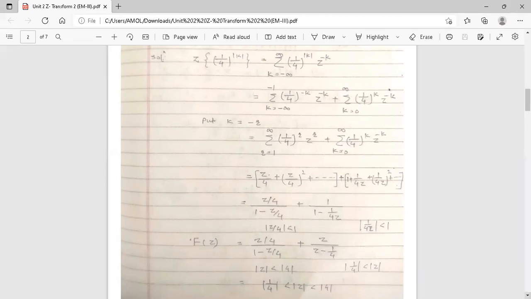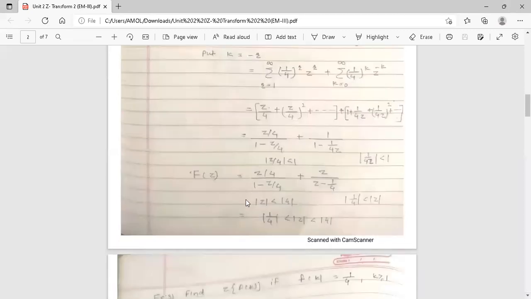So here is the combined condition. For the first term it is mod z less than mod 4, and for the second term the condition is mod of 1 by 4 is less than mod z. So the complete condition is mod of 1 by 4 less than mod z less than mod 4. So this is the answer. This is the Z transform of the sequence.